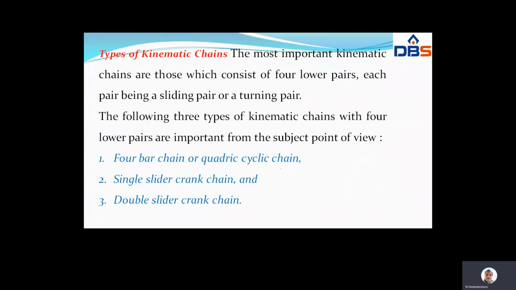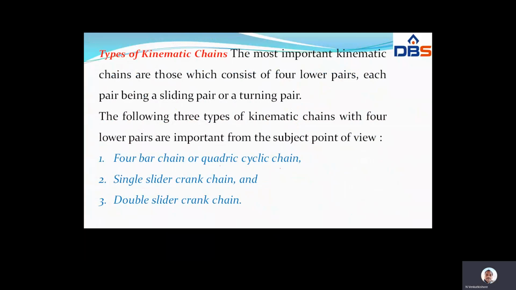The most important kinematic chains are those which consist of 4 lower pairs. Lower pairs mean they only have surface contact. Each pair is a sliding pair or a turning pair. So the kinematic chain consists of 4 lower pairs, and each pair may be a sliding pair or a turning pair.